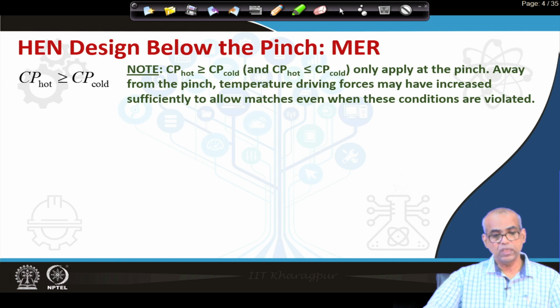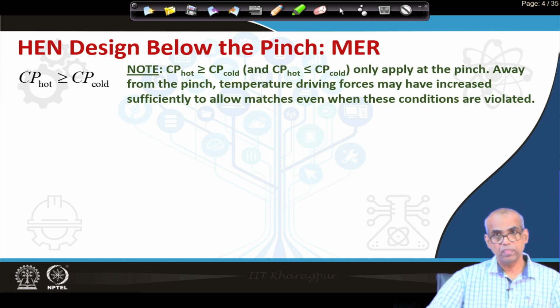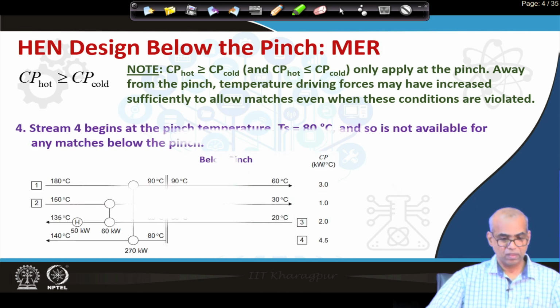So, for the design below the pinch, we have Cp of hot streams greater or equal to Cp of cold streams for matches adjacent to the pinch. The same is true for designing for the region above the pinch as well.